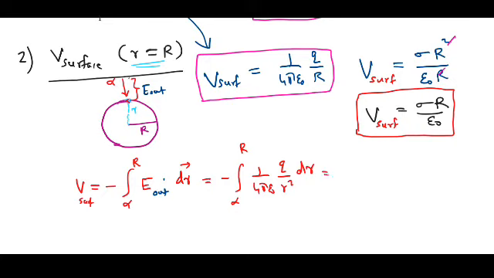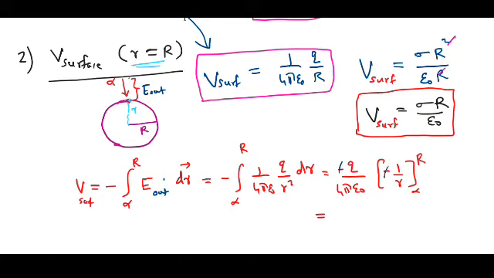Then if you do this, finally you will obtain 1 by 4 pi epsilon 0. There is a minus sign here, and one more minus sign will come here. This is infinity to R. This minus and minus get cancelled.